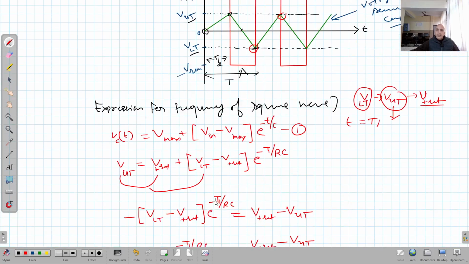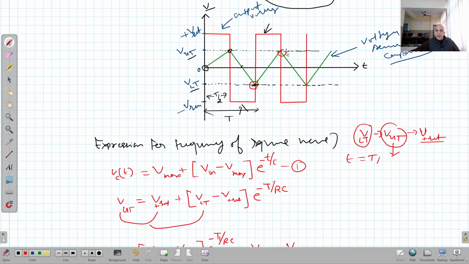What is t1? t1 is the time going from here to here, clear? From V lower threshold to V upper threshold. That same time will be taken by the capacitor in coming from here back to here. That will make it a complete cycle. You can see here that the total time period of one complete cycle is equal to 2t1.